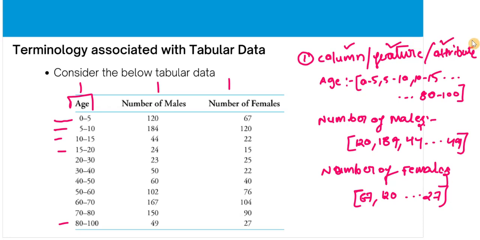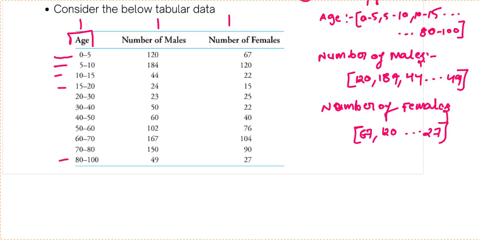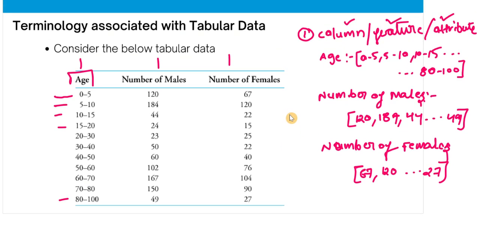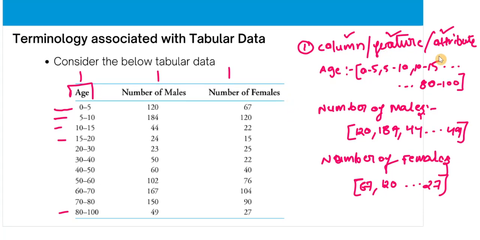Columns are also called fields. This is the age field, or the number of males field, or the number of females field. These are the synonyms for columns: features, attributes, fields, you can call it anything.